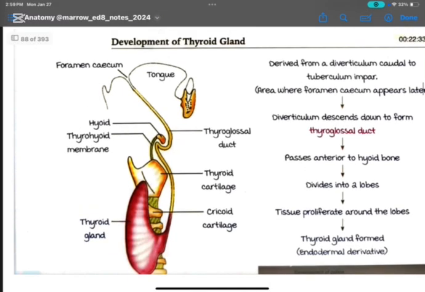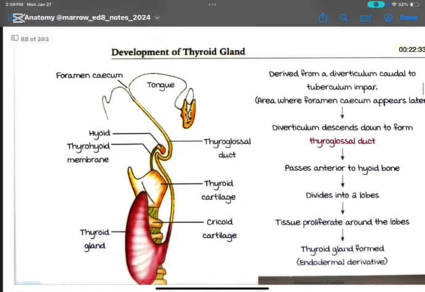Development of thyroid gland. Starting from the top: foramen cecum, thyroglossal duct, hyoid, thyrohyoid membrane, thyroid cartilage, cricoid cartilage, thyroid gland.